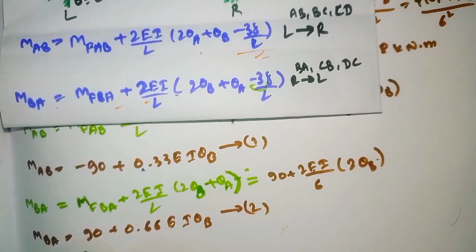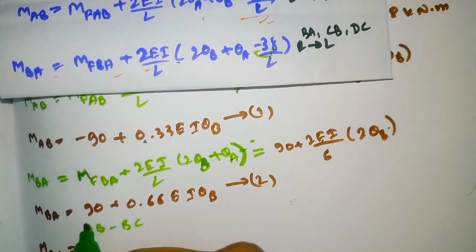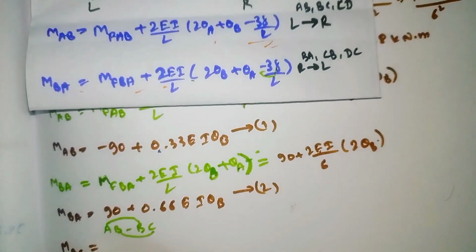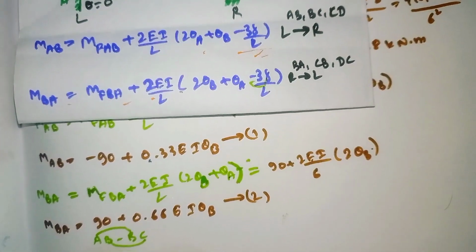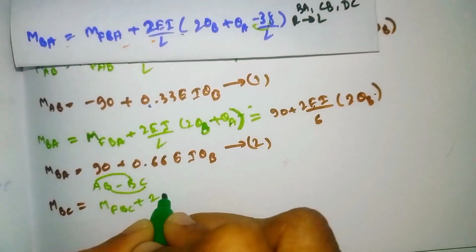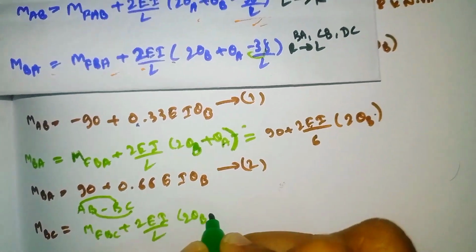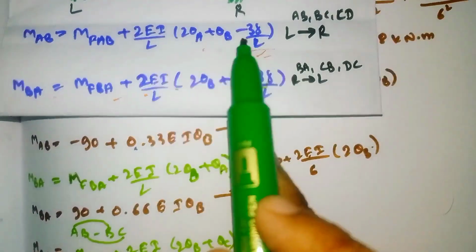So in case of A, put B. In case of B, put C. So MBC is equal to MFBC plus 2EI divided by L, 2 theta B plus theta C. The deflection value is not given, so I am not writing this value.